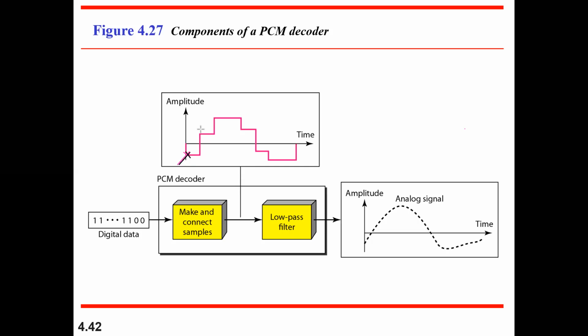Next one is lowest to highest, this particular one. Similarly, this is how you'll be filtering the things. If you try to connect these points, it will be nothing but the analog signal that you have transmitted. So this is how it will be decoded at the other end.